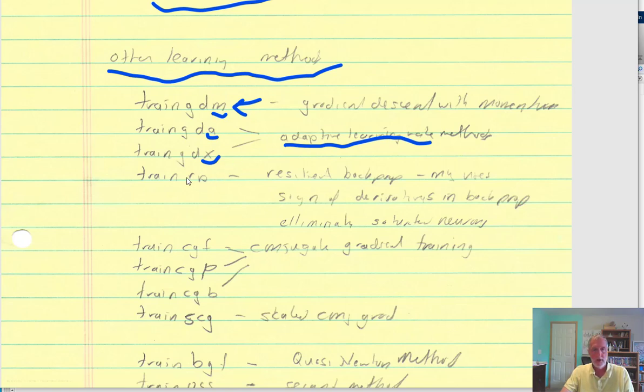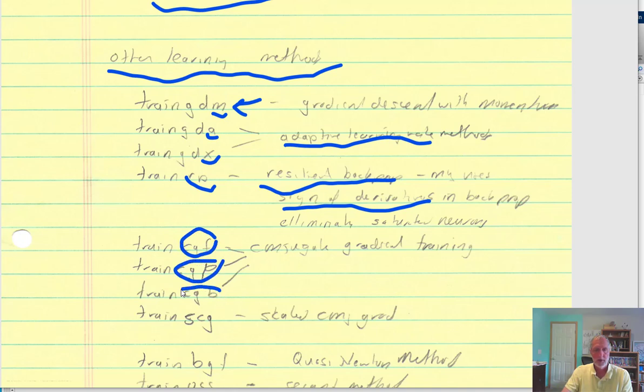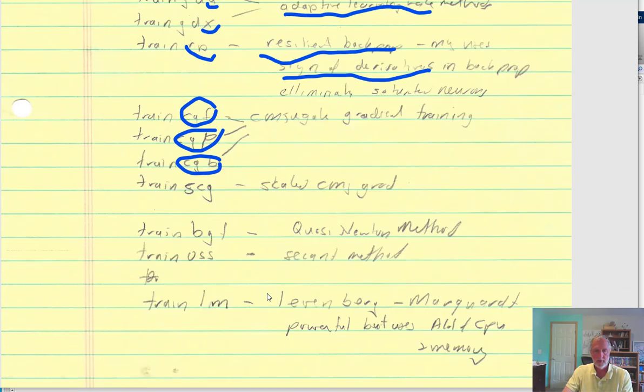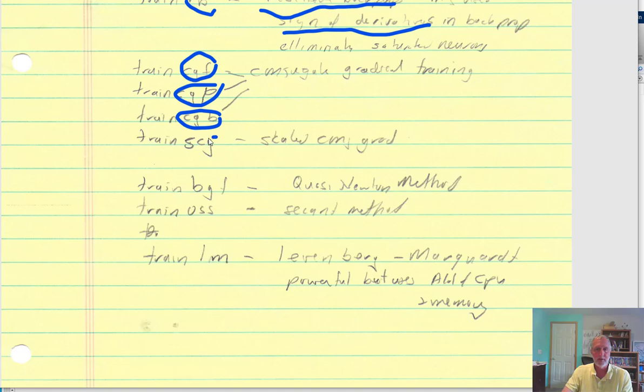You can do train RP, which is something called resilient backprop that just uses the sign of the derivatives rather than the actual error delta. There's something called conjugate gradient training, CGF, CGP, CGB, all of their different variations of conjugate gradient. There's something called SCG, which is scaled conjugate gradient. All different methods that people have developed.